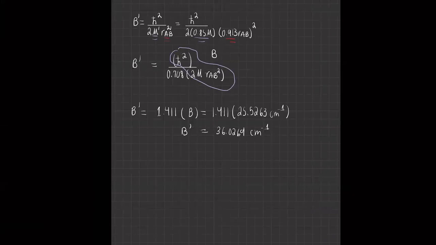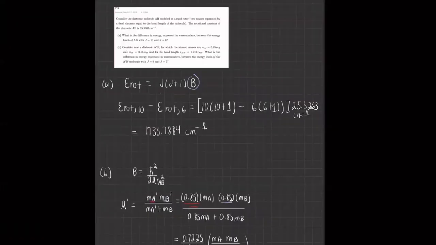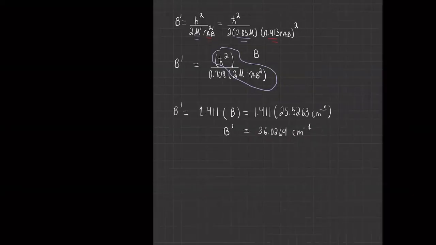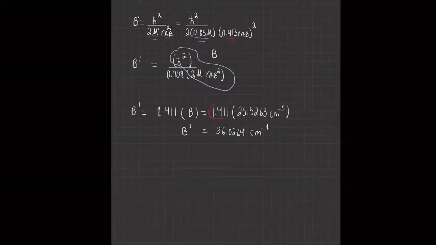And what changed is now that you have these new values for RAB and MA and MB, you're going to have this value be multiplied by the old rotational constant to be this new rotational constant. And let me just double check if I got that.